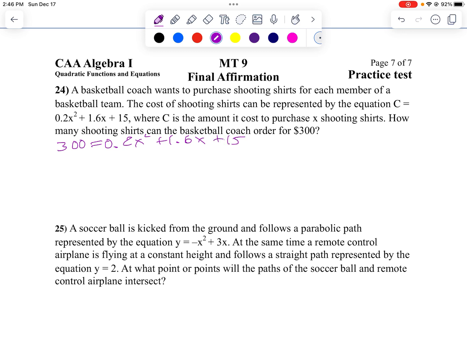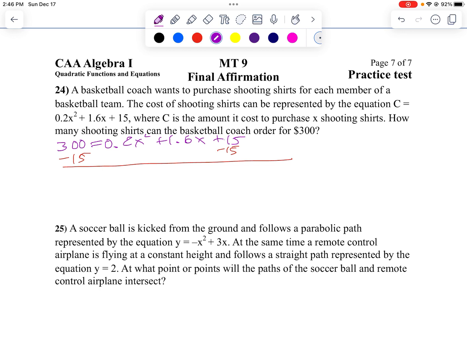This is a case where, no matter how you do it, you want to make it equal to 0, or maybe let's do it this way. I wonder if we can complete the square. Let's subtract 15 from both sides.